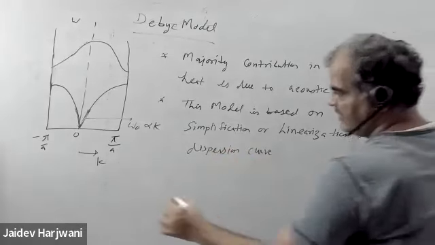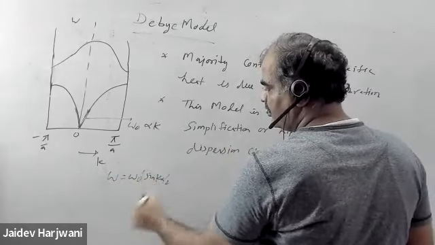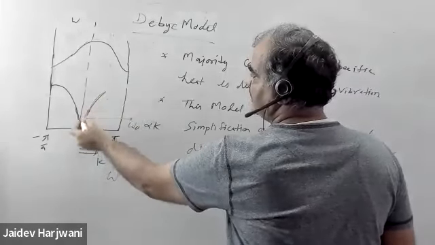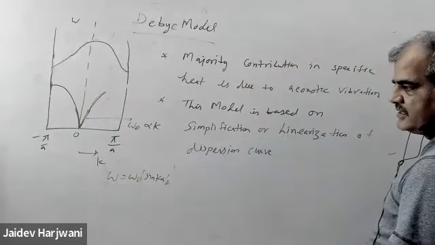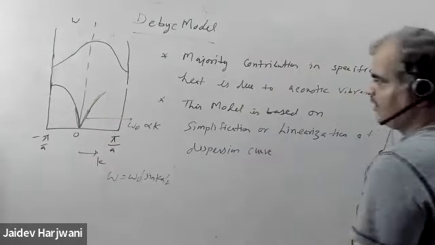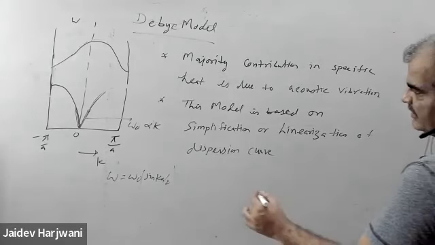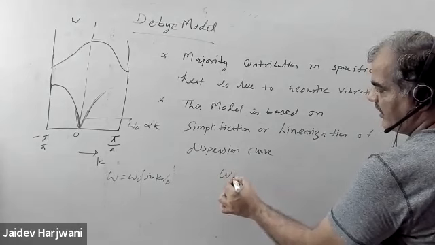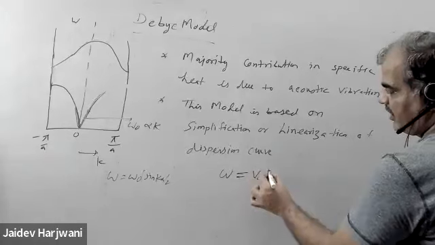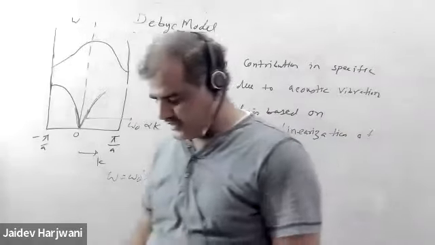My dispersion curve is omega equal to omega sine Ka by 2, which is a sine curve. But this model says that we will not consider this full variation; we'll consider only these linear variations. So now I can write my omega, frequency, as proportional to K, that is V naught K. This is my dispersion curve now for this model.